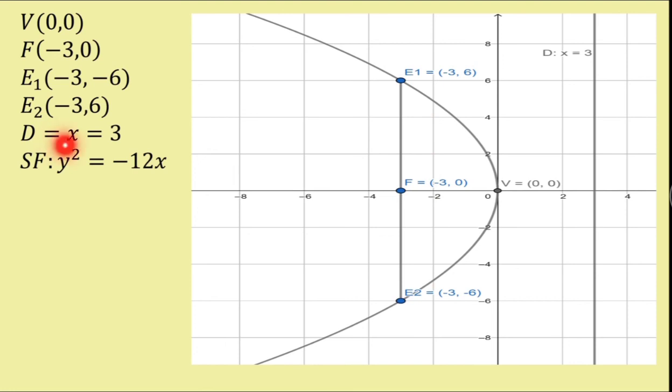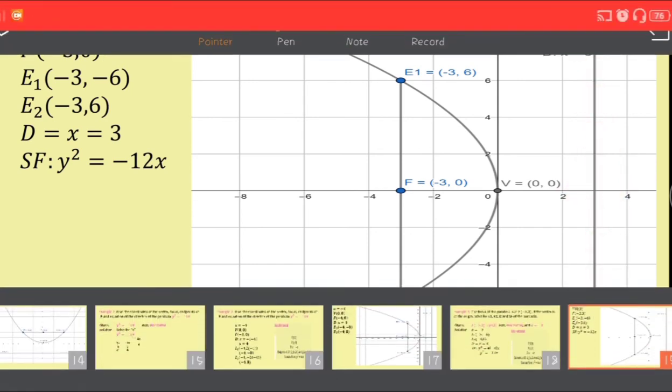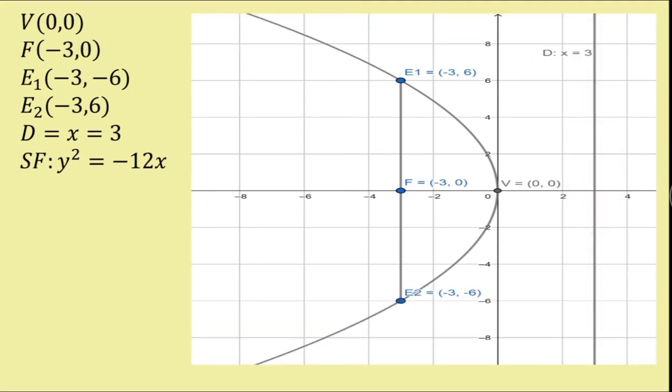And then the directrix is at x equals 3, so on the x-axis at 3. Draw a line here. And then plot the points. After plotting the points, sketch the graph from the vertex passing through endpoint 1 and passing through endpoint 2. So we have a parabola opening to the left.